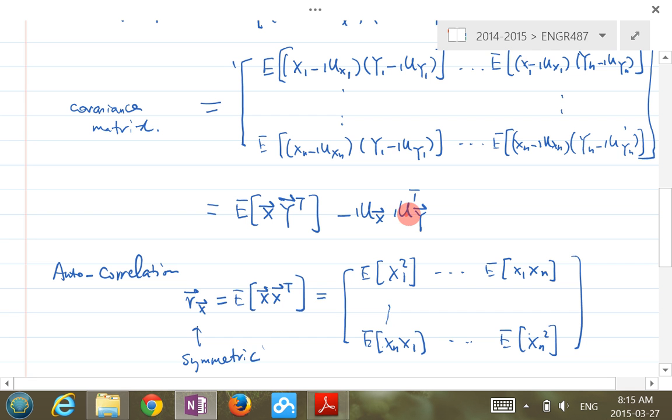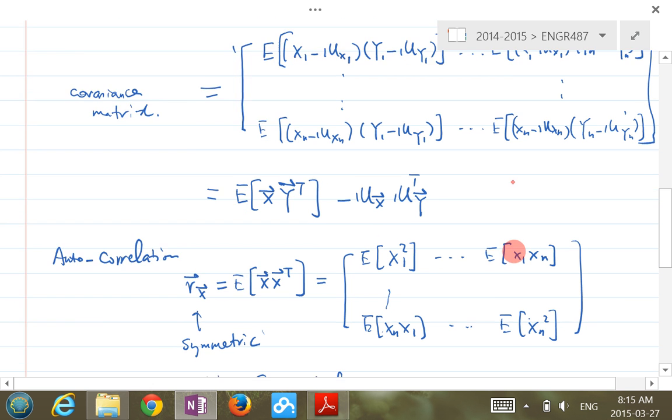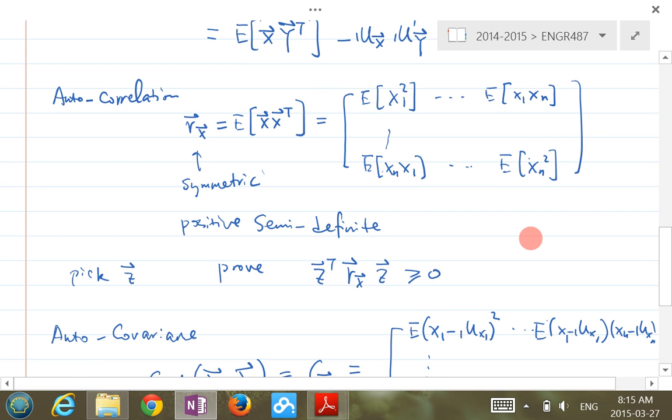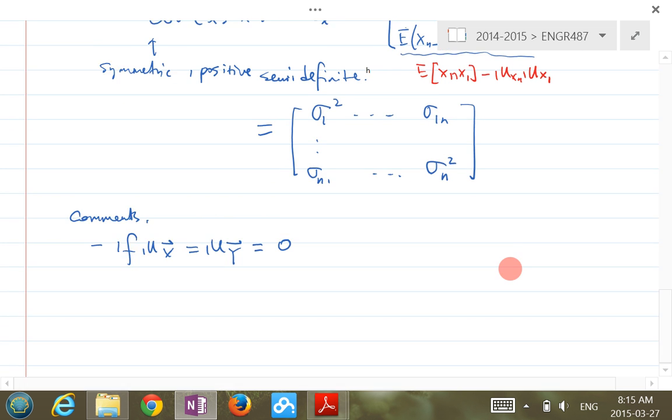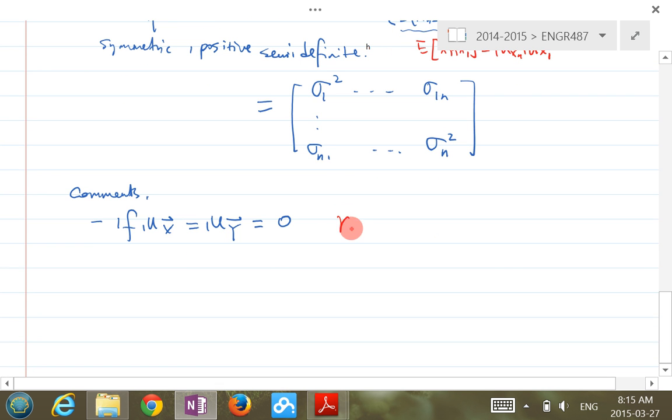If the means are 0, then your covariance matrix has only the first term left, which is the same as your autocorrelation. So your Rxy is going to be the same as your covariance.